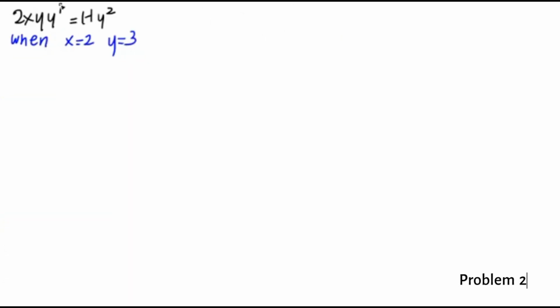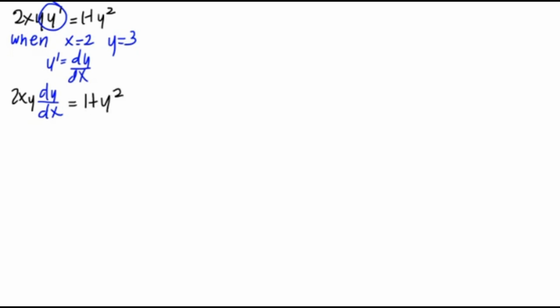Sa separation of variables, itong y prime, alam natin na y prime is equal to dy over dx. So, palitan natin siya ng dy over dx. Magiging 2xy dy over dx is equal to 1 plus y squared. Multiply natin both sides by dx, so 2xy dy is equal to 1 plus y squared dx.